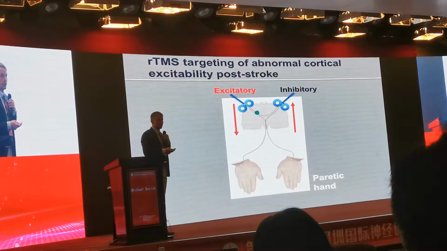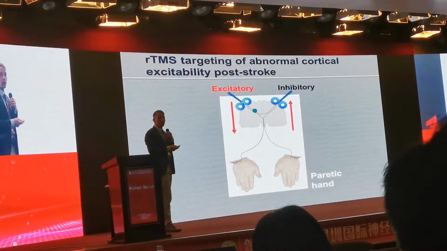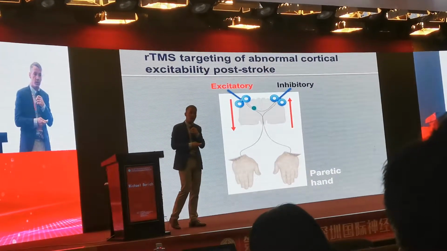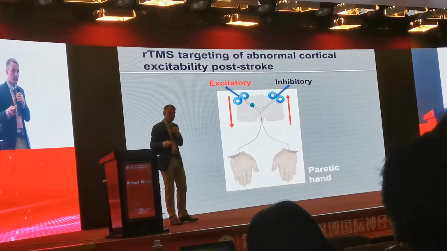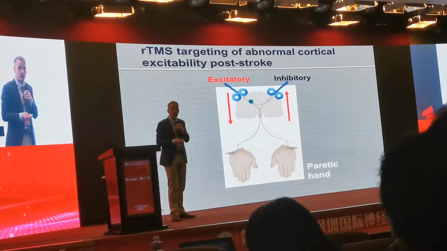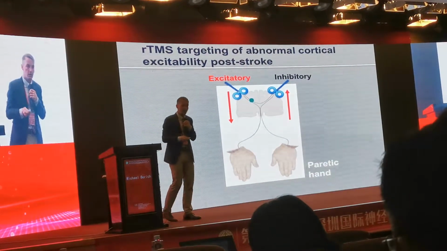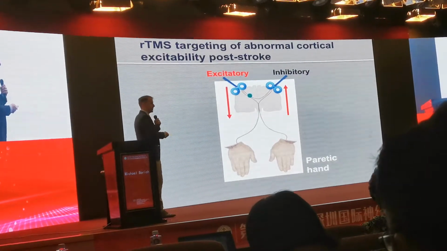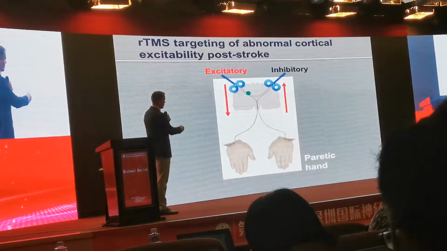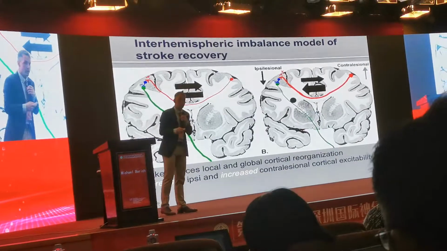This has been done for over a decade now, with some successes reported, but overall, when you look at the vast amount of literature, there's not a conclusive effect of conventional rTMS paradigms to improve function after stroke. And what is this based on?